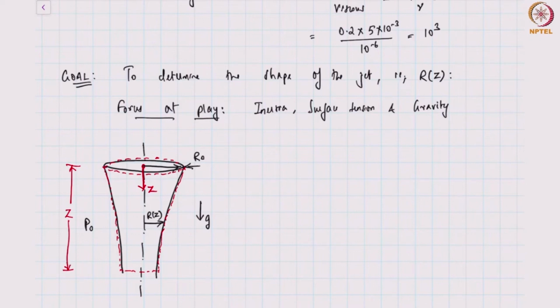So z equals 0 means you are at the opening of this tap, and at any given z you basically descend downwards. We will also consider two locations. We'll say this location A is at z equals 0, and we'll consider another location B at some arbitrary z.